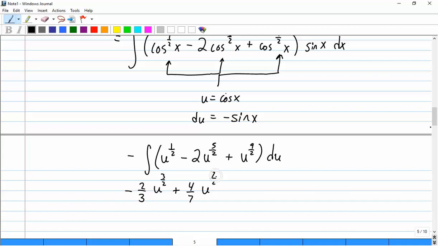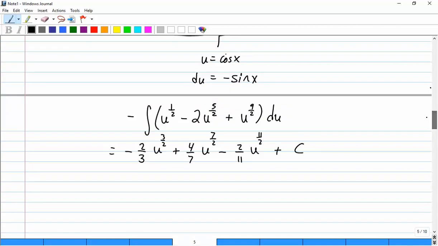Because you have to divide by 7/2, multiply by 2/7. And then that's going to be minus 2/11 u to the 11/2. Do not differentiate there. It's easy to. Believe me, I've done it before. All right, the last thing we have to do is plug in our u. Our u was cosine of x.